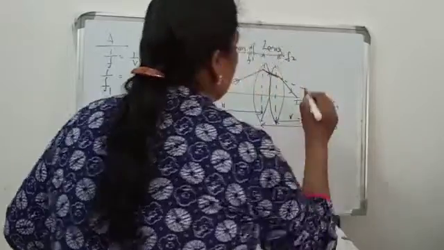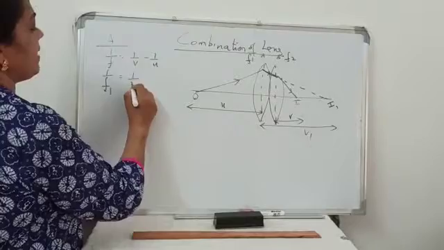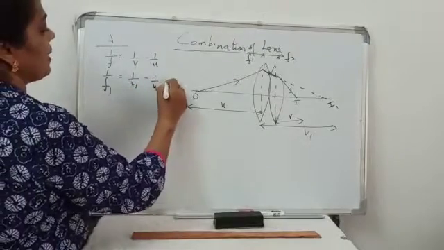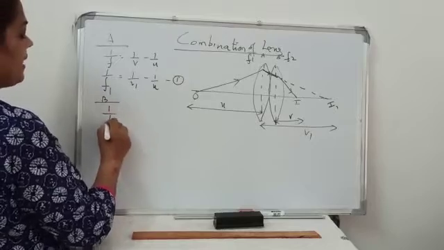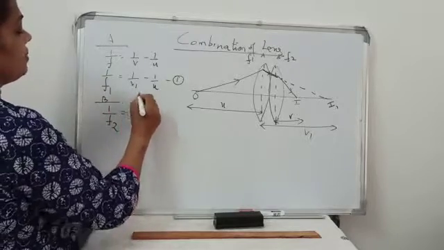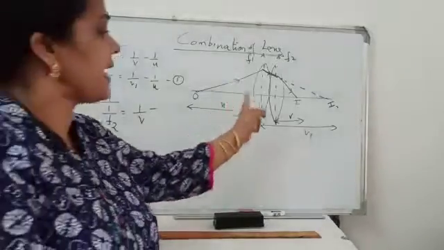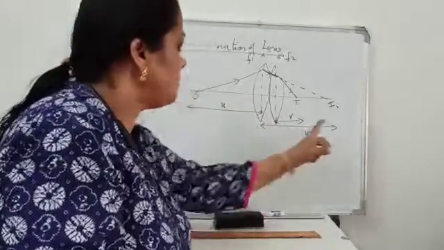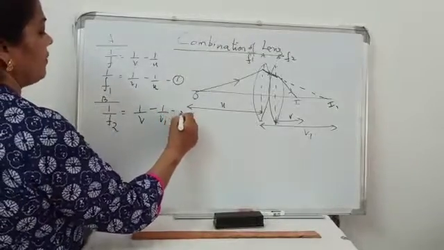For the first lens, 1 by f1 is 1 by v1 minus 1 by u. For the second lens B, 1 by f2 is equal to 1 by v minus 1 by v1, which means that for the second lens, v1 will be the object distance.